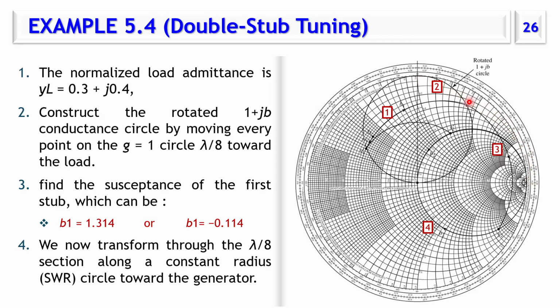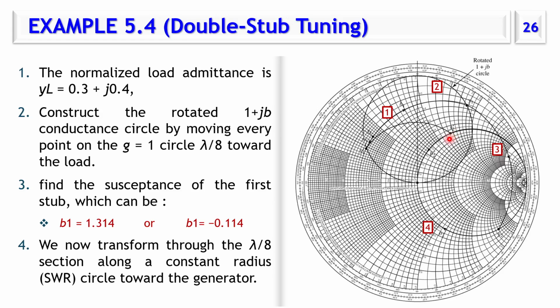Counterclockwise. So this is the locus of another locus for y load plus b1. So the two intersections here are this one, y1, and this is y1 prime. Then we took those y1 to the y2, y1 prime to y2 prime.